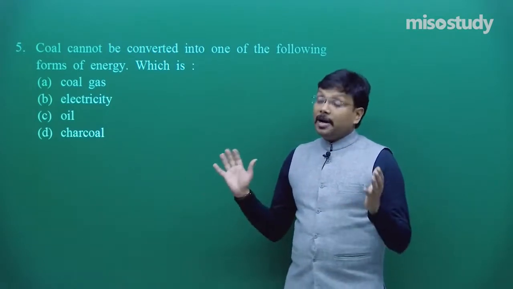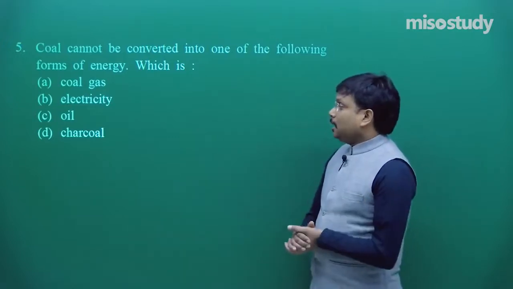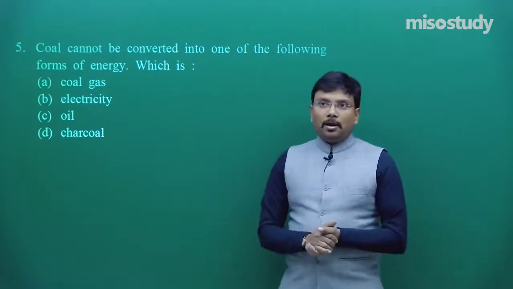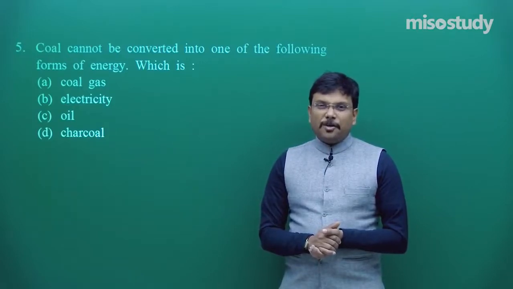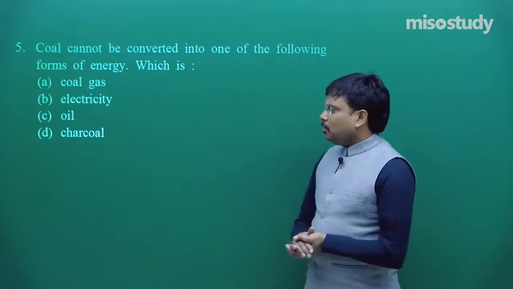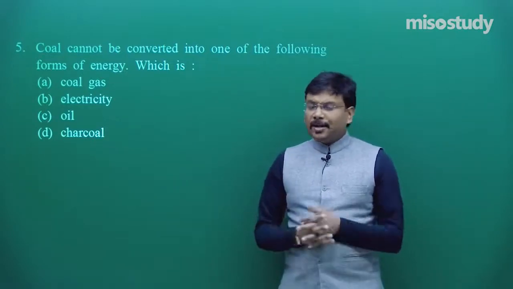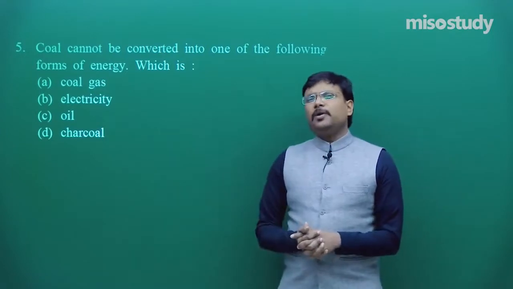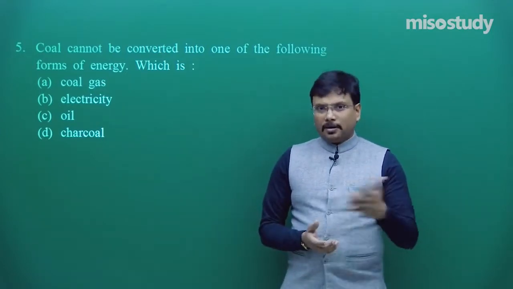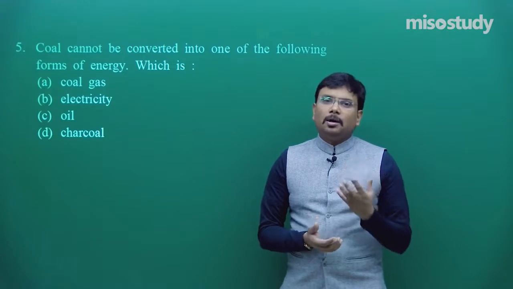This is something that I explained in one of my videos. Then oil, well, coal conversion into oil, difficult aspect. Charcoal, you can do that, fine. So, oil is something that we cannot convert coal into, fine.